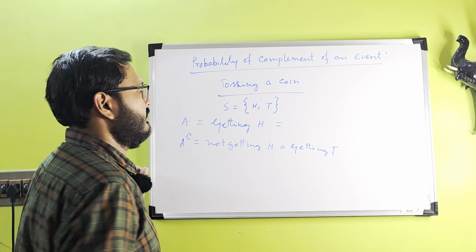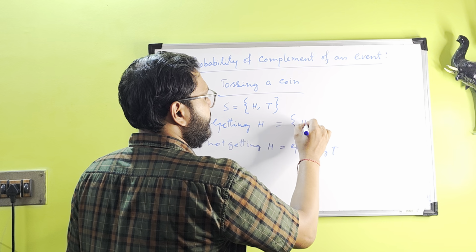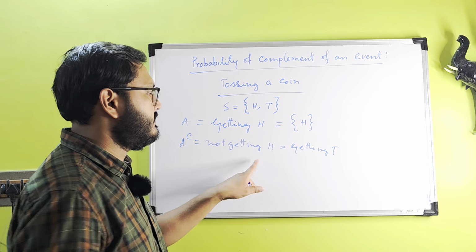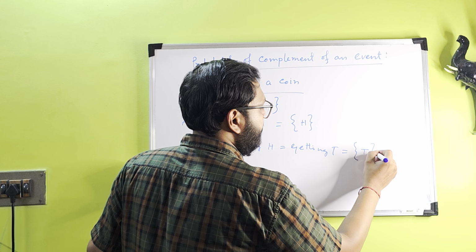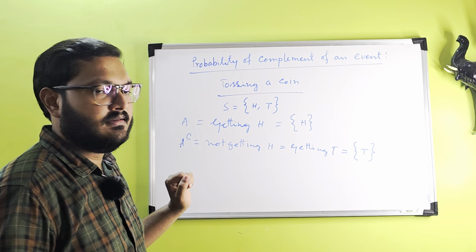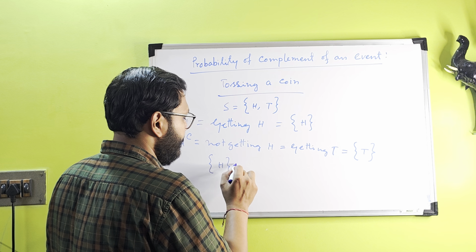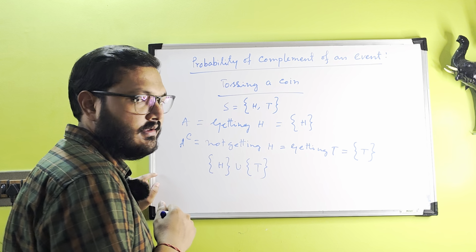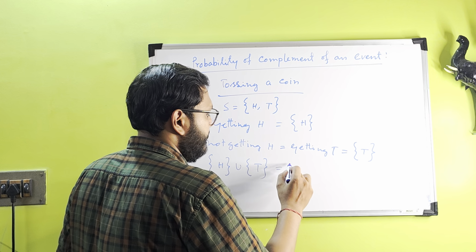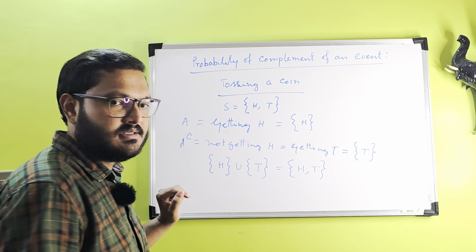Its favorable event is only the singleton H, and the favorable event of the other is the singleton T. So H union T equals what? H comma T, that means the sample space.